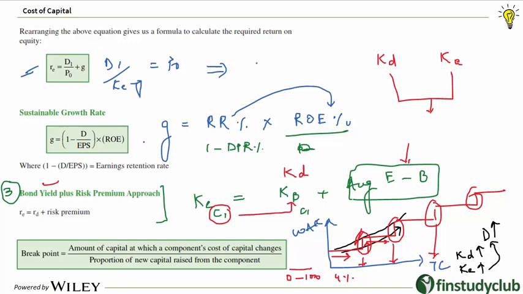So taking this particular case, it is at $100 that the debt cost is going to change, and debt is, let us say, 40% of my total capital structure.